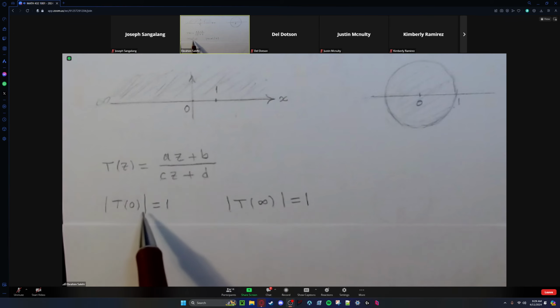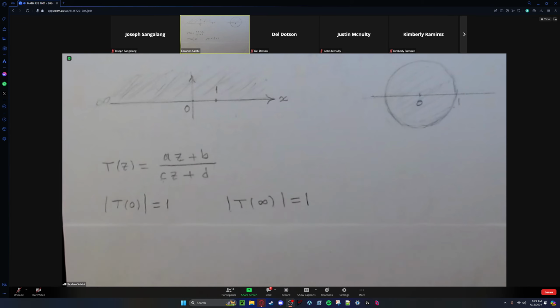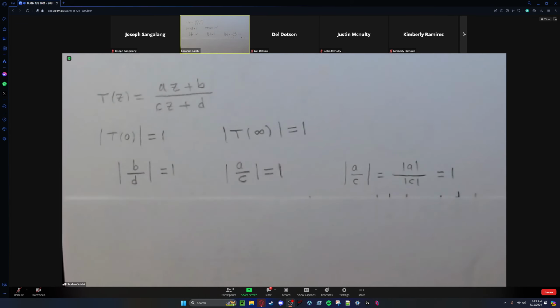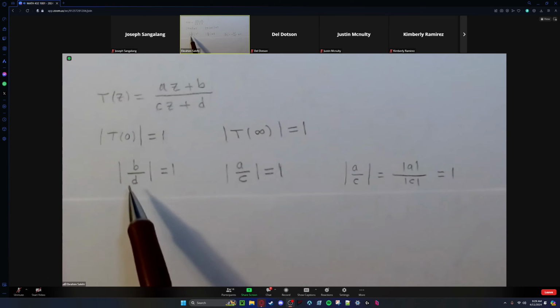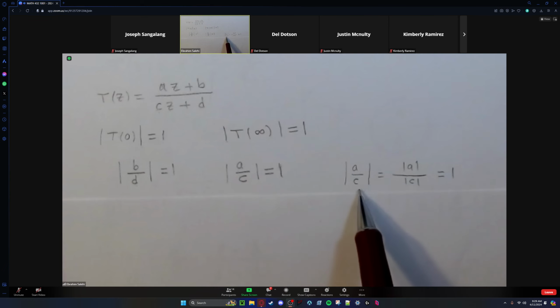So that means the modulus of b over d, if you plug in z equals 0, is 1, and infinity gives us a over c. The modulus of a over c is 1. All right? But a over c means, anytime you are dealing with a fraction, its modulus is the modulus of the numerator over the modulus of the denominator.